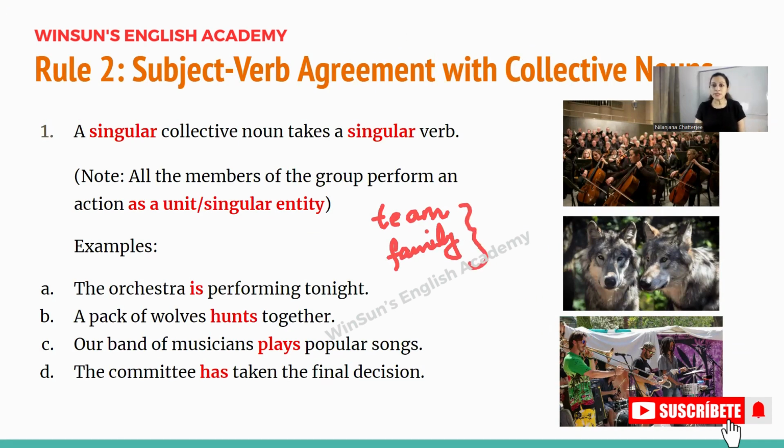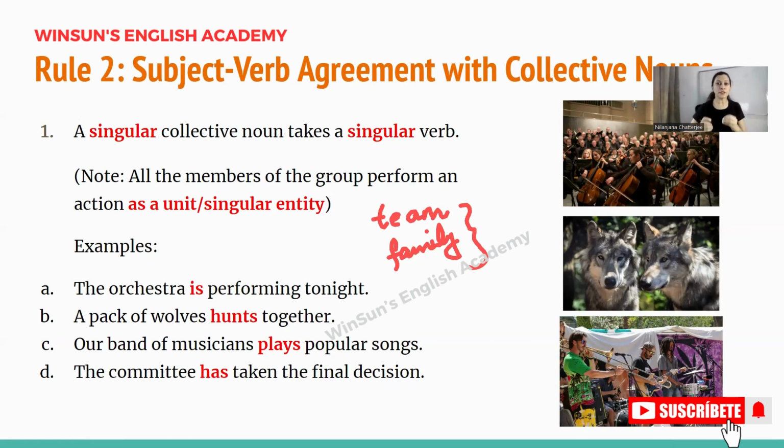The thing that we need to remember about singular collective nouns is that they always work as a unit. They act together towards one goal. Okay, they perform any action together, and that is why they form a unit. They work as one single unit, and that is why they are singular.